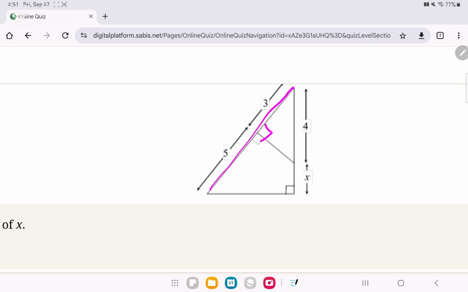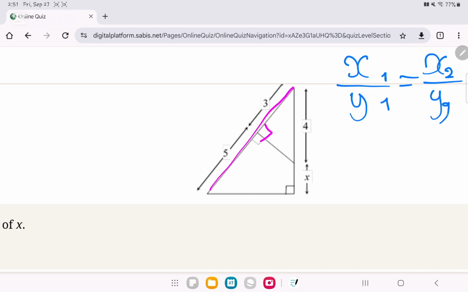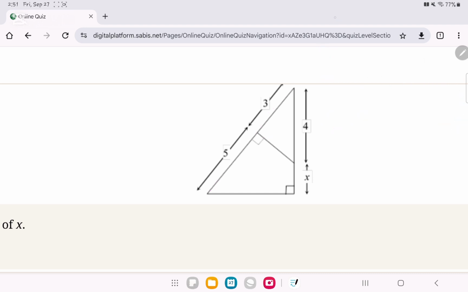Now that they are similar, we can do side over side is equal. Let's give them different values. We'll call a side of the small triangle x and a side of the big triangle y. So it's going to be x1 over y1 equal to x2 over y2. This is the proportionality theorem.